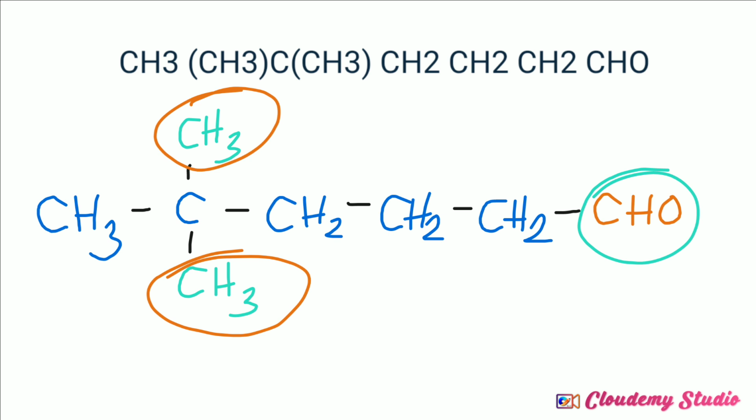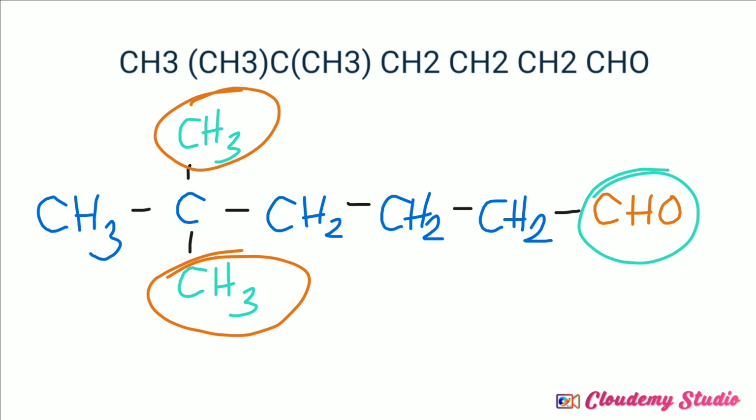So the longest continuous chain has 6 carbon atoms, and that will be the main chain. I have selected this straight chain as the main chain.